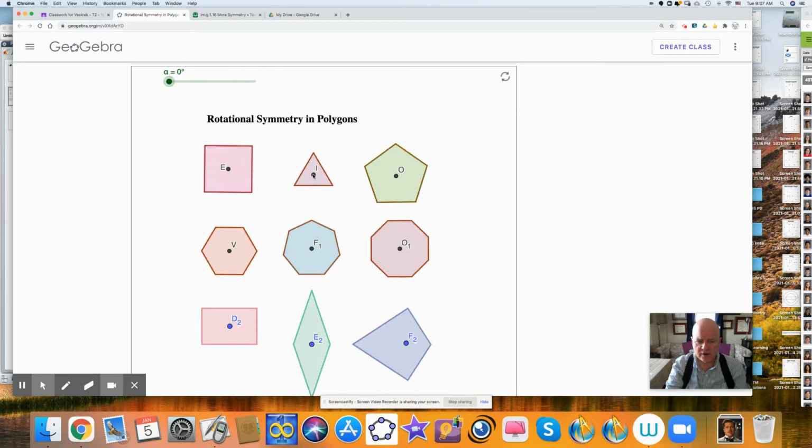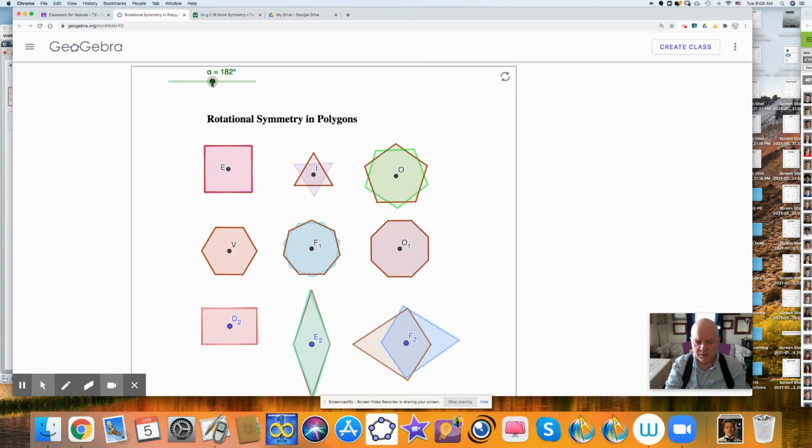If I look at the triangle, it's going to be 120 degrees, because until I get to 120 degrees, this is a regular triangle. Finally, you can also look at the kite. The kite's only rotational symmetry has an order of 1. It has to go all the way around to 360 degrees, and it's the only one with an order of 1.